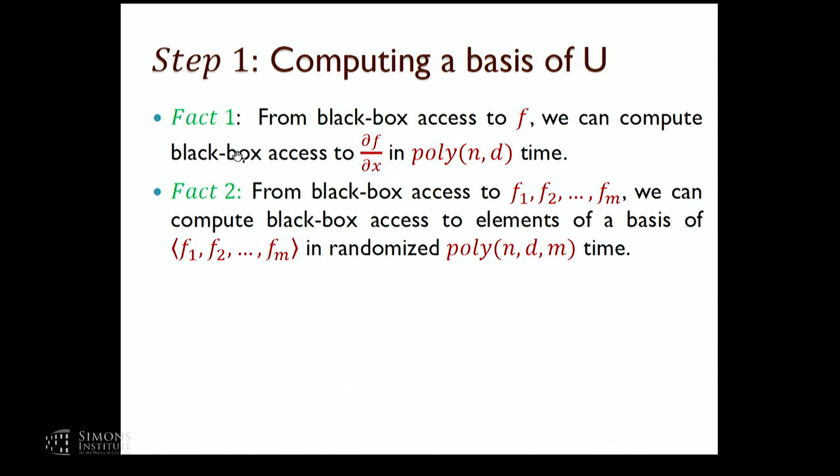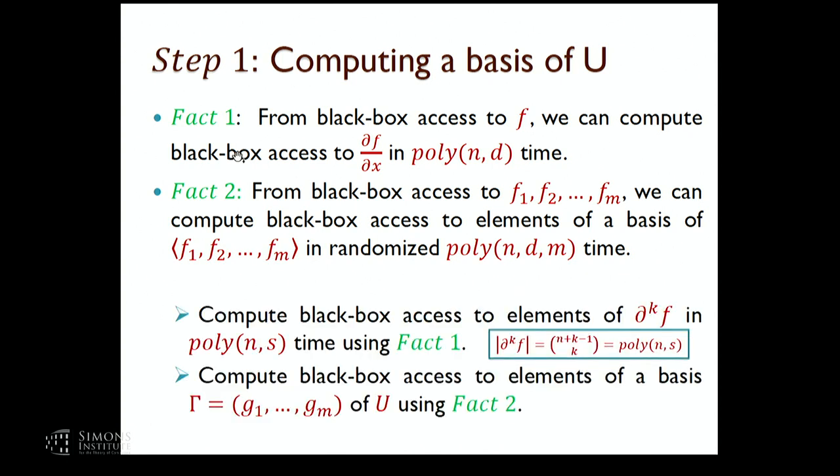We want to compute a basis of U, and that's because given f, you can compute its derivative in the black box setting, and you do this k times. k being small, the number of elements in this set, the kth order derivatives of f, is also small, so you find all of them, and then find a basis of it. That you can also do in the black box because of the second fact. So that's how you do step 1, and at the end of step 1, we get a basis of U.